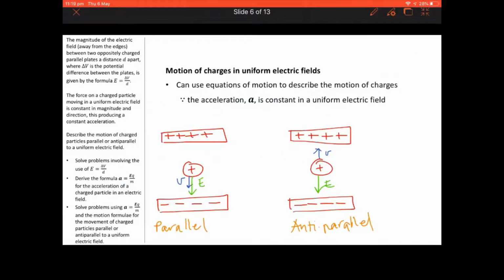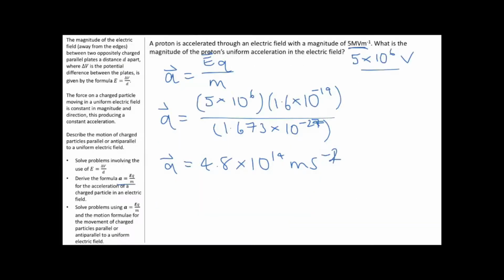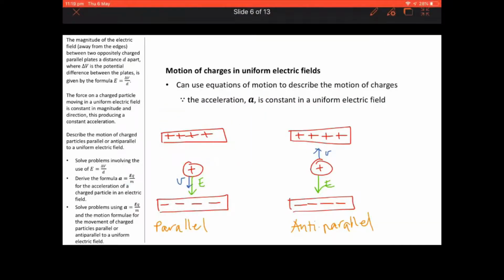So moving on to motion of charges in uniform electric fields, we can use the equations of motion to describe the motion of charges in uniform electric fields, because the acceleration is constant in a uniform electric field.